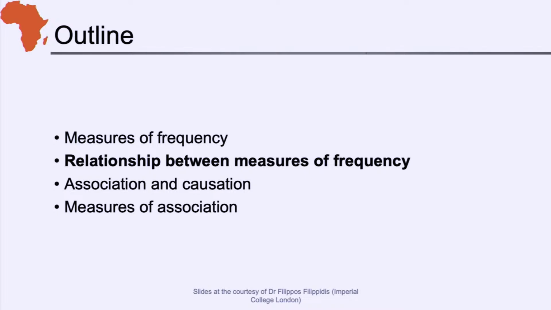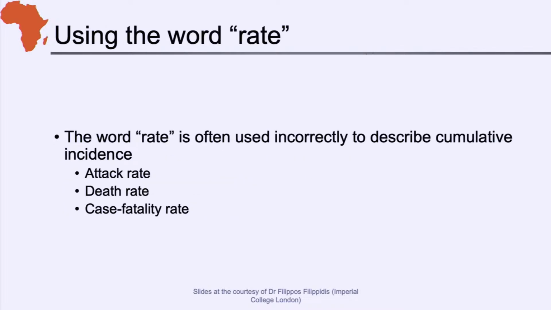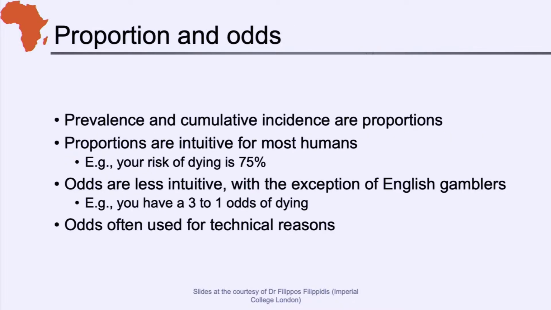Now, the relationship between the measures of frequency. As I had mentioned before, the word rate is often somewhat, not inappropriately, but incorrectly used to describe cumulative incidence. So we see attack rate, death rate, case fatality rates. Proportion and odds. You may be familiar with the term prevalence and cumulative incidence. Those are both proportions, and they are fairly intuitive for humans to interpret.